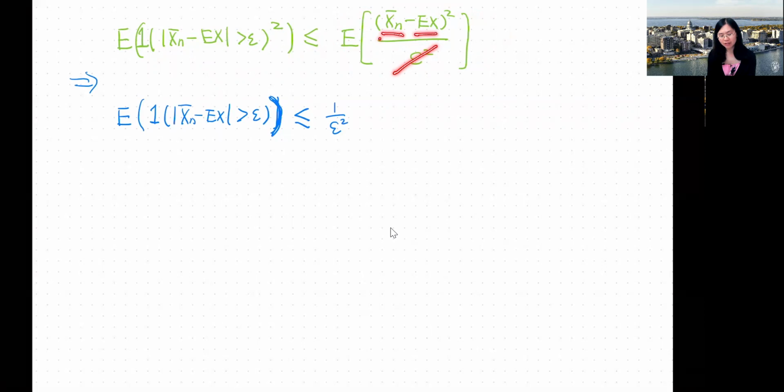But EX is also the expectation of X bar, because X bar is an unbiased estimator of EX. We have done that calculation before. So this is the expected value of the square of the deviation of X bar from its own expectation. Well, that is the definition of variance. So that is the variance of X bar.